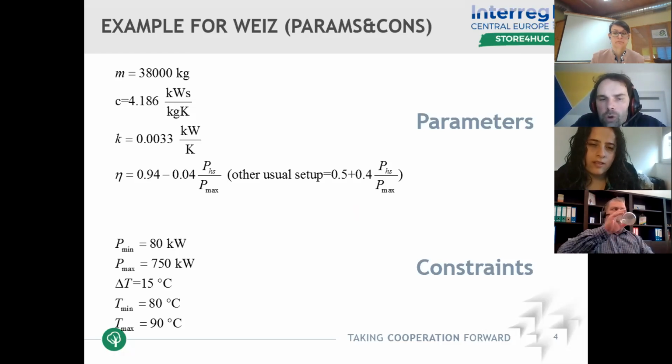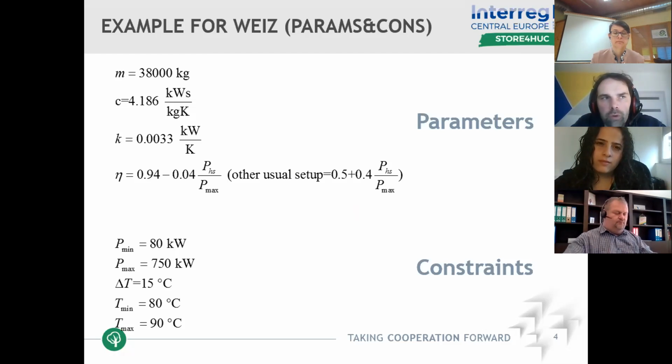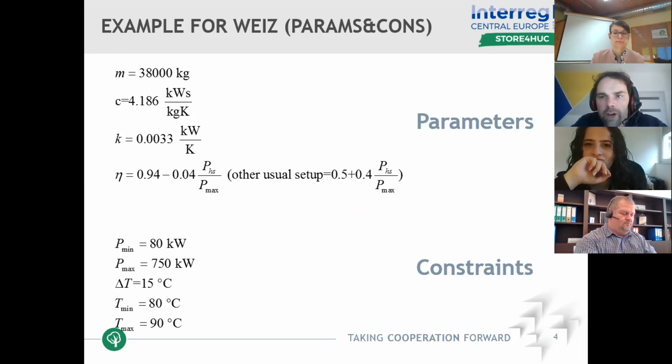So this is for advising the user how to run the system. Basically, you have always the local automation there. It's not that you would rely on these computations here, and that you would have to run them in order for the heating system to run.